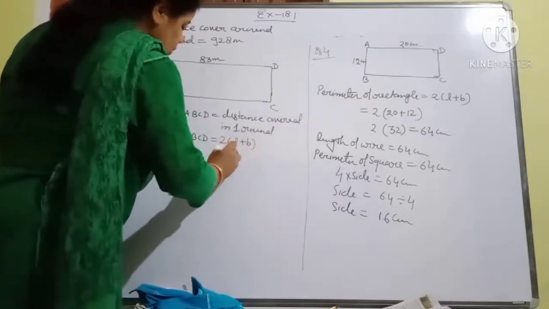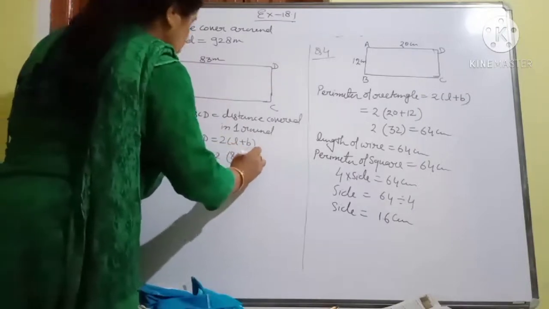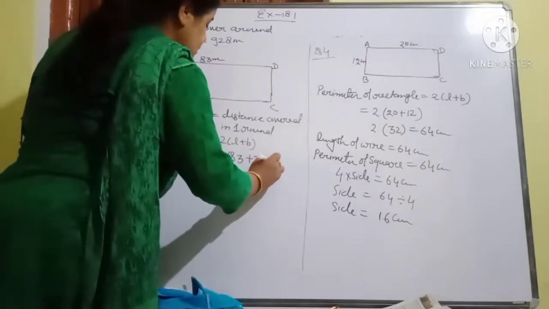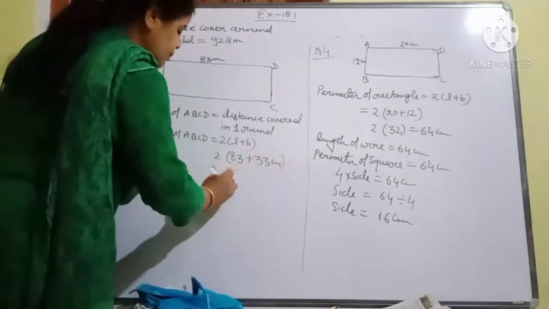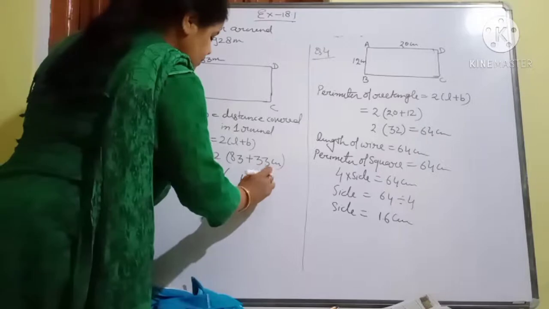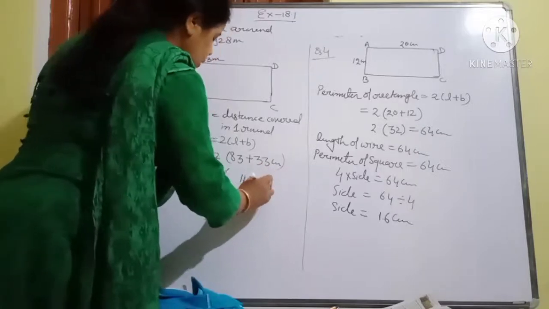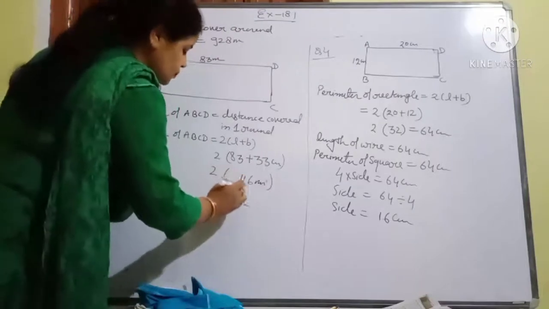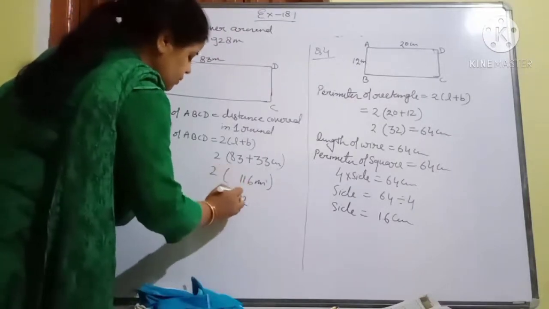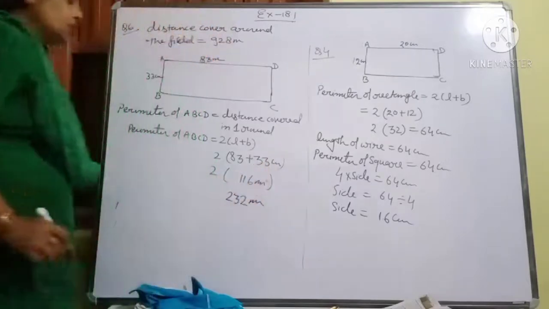So 2 into how much? Length is 83 meter and breadth is 33 meter. See how much it is coming to? 116, sorry, not centimeter, it will be in meter. Okay, now multiply. 232 meter.